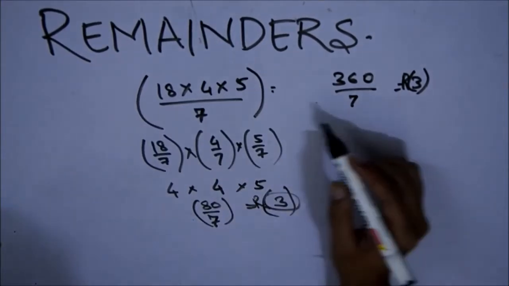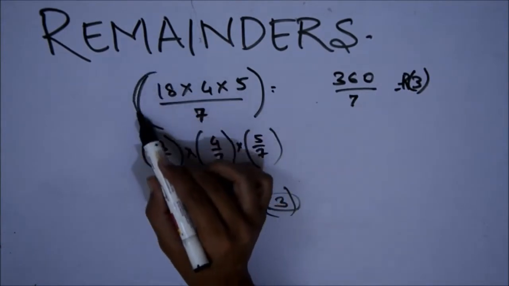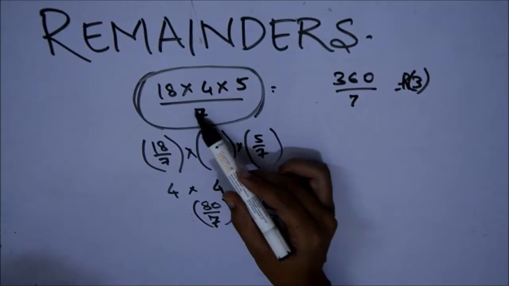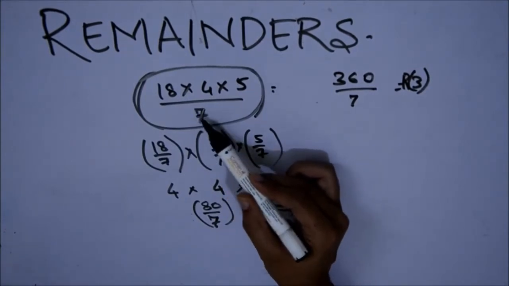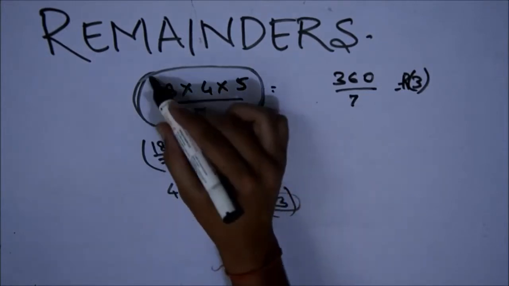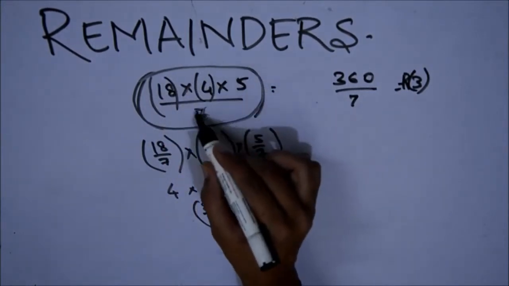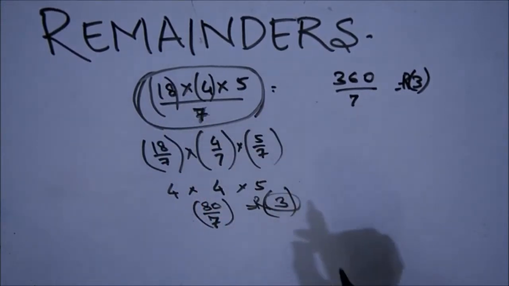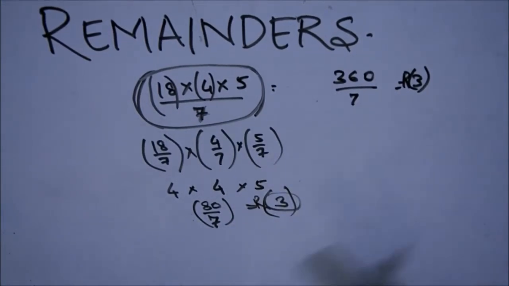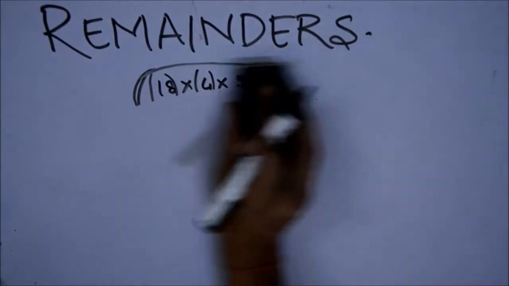Hence we see that if we are having a multiplication, then instead of multiplying and then finding the remainder, it is also correct if we find the remainder of individual numbers with the divisor and then multiply.